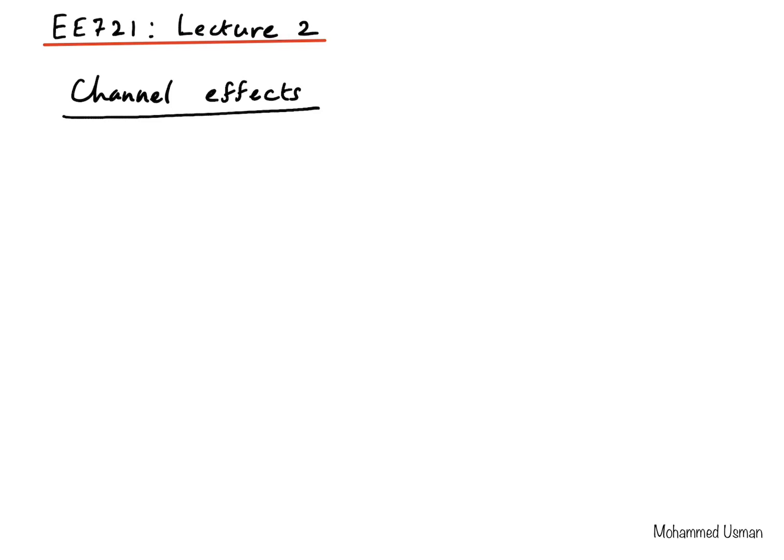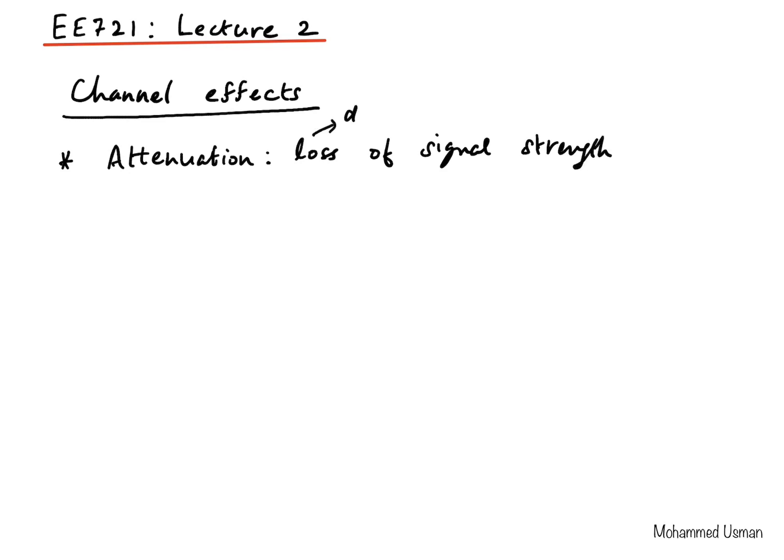One of the first things that happens is called attenuation. Attenuation, as we discussed in the previous lecture, is basically the loss of signal strength, or we can call this the decay.